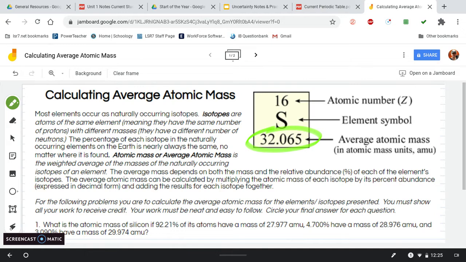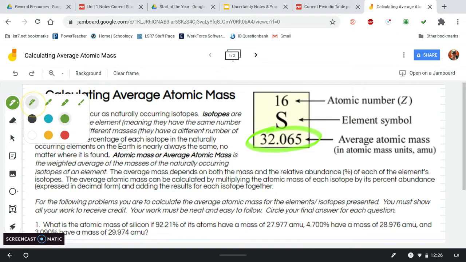So that's 32 atomic mass units or grams. So one thing you might want to write down is that the atomic mass unit can also be substituted for grams.